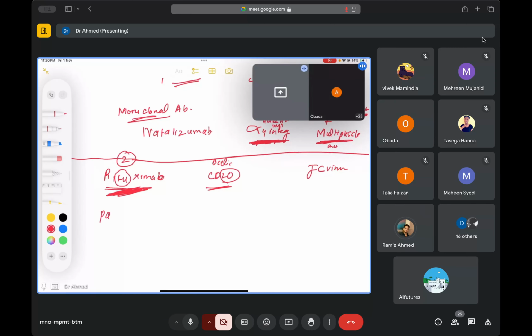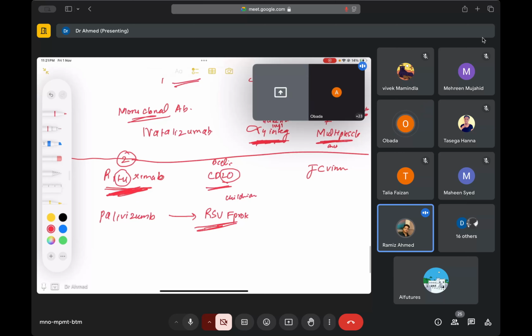Then you have palivizumab. What's the target? It's RSV F protein. Think of respiratory syncytial virus, which causes pneumonia in children, right? It's a kind of passive immunity, giving them antibodies.